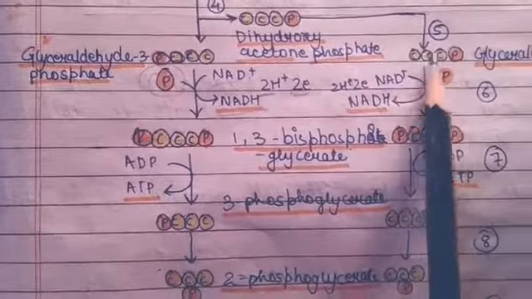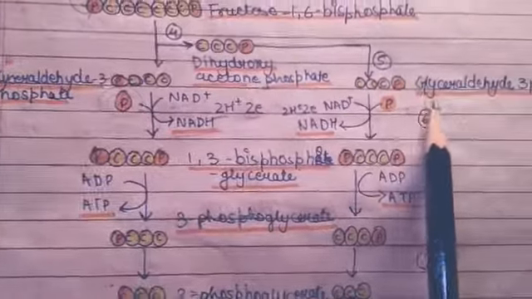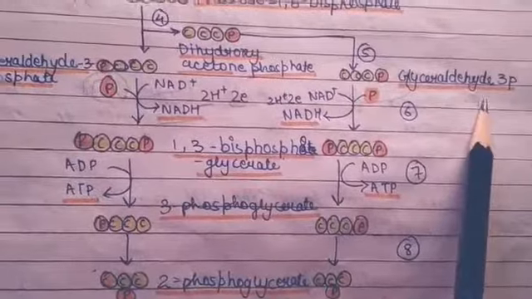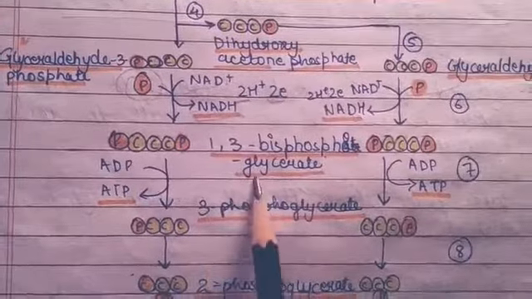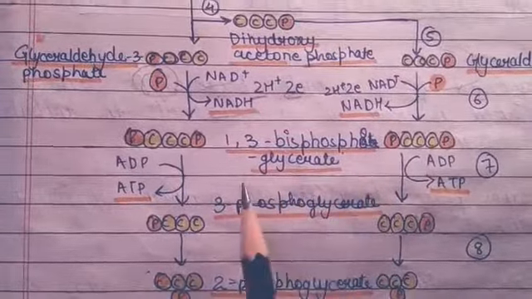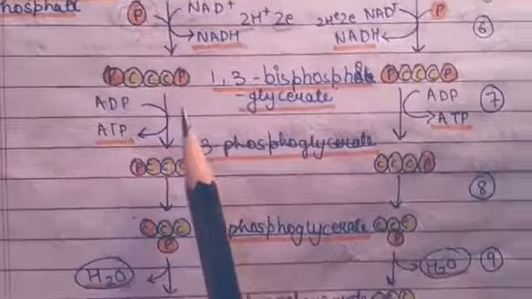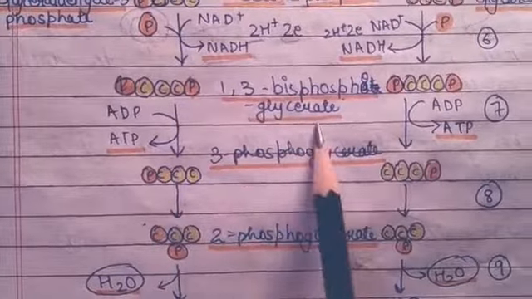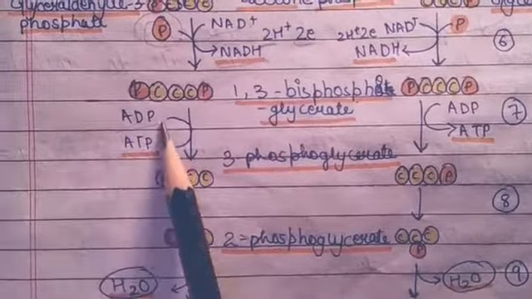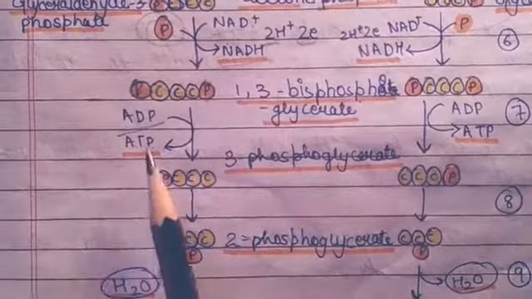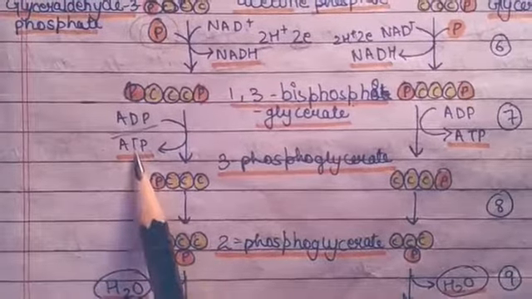In the same way, it happens with the other molecule of glyceraldehyde 3-phosphate, and 1,3-bisphosphoglycerate is formed as a product. Now the 1,3-bisphosphoglycerate reacts with 1 ADP molecule and gives rise to 1 ATP molecule.